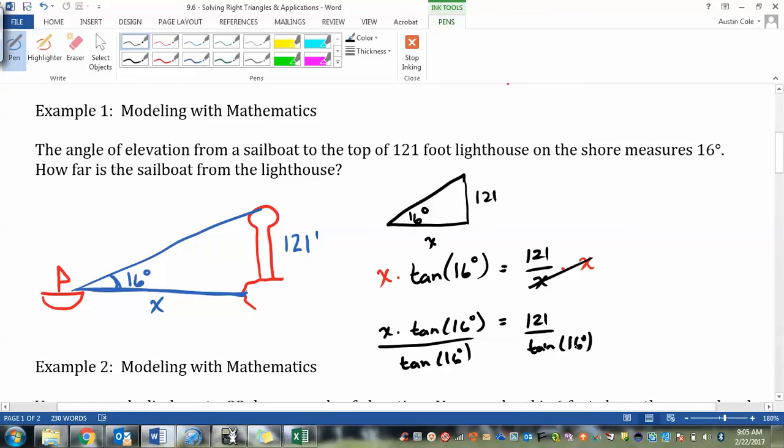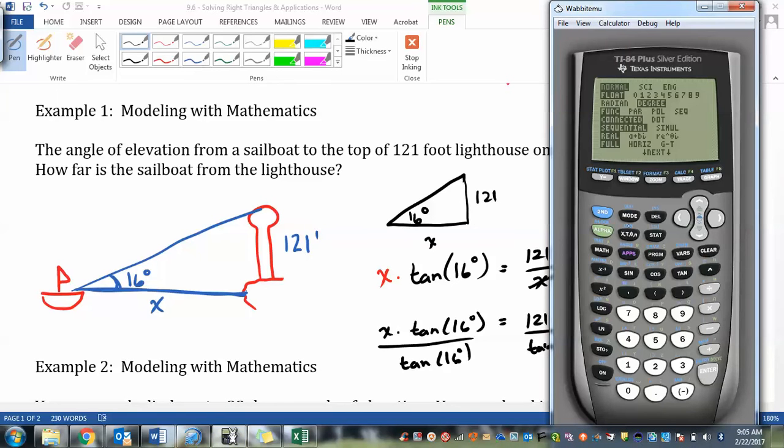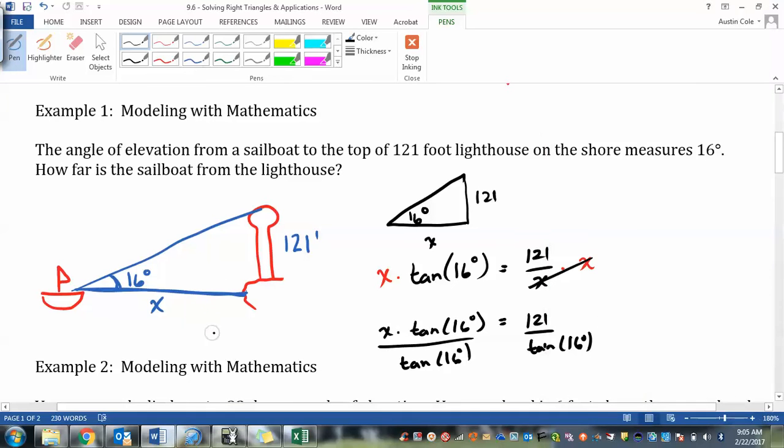So in our calculators, 121 divided by the tangent of 16 is 421.98 feet. So basically 422 feet away from the lighthouse. Any questions there?